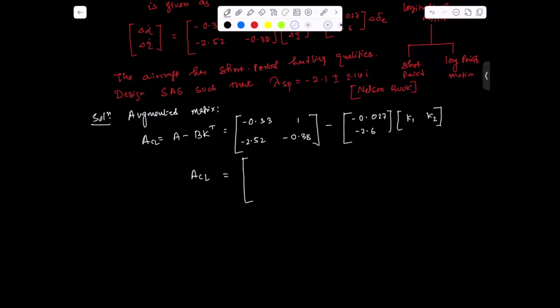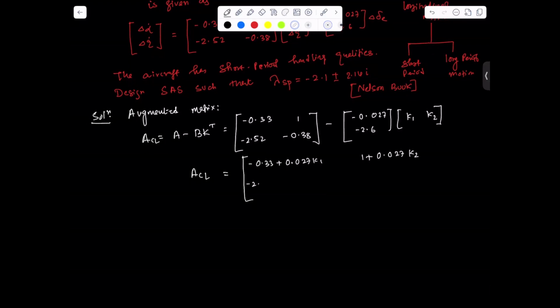The A_CL matrix is minus 0.33 plus 0.027 K1, 1 plus 0.027 K2, minus 2.52 plus 2.6 K1, minus 0.38 plus 2.6 K2. This is the augmented matrix of the closed loop control system.